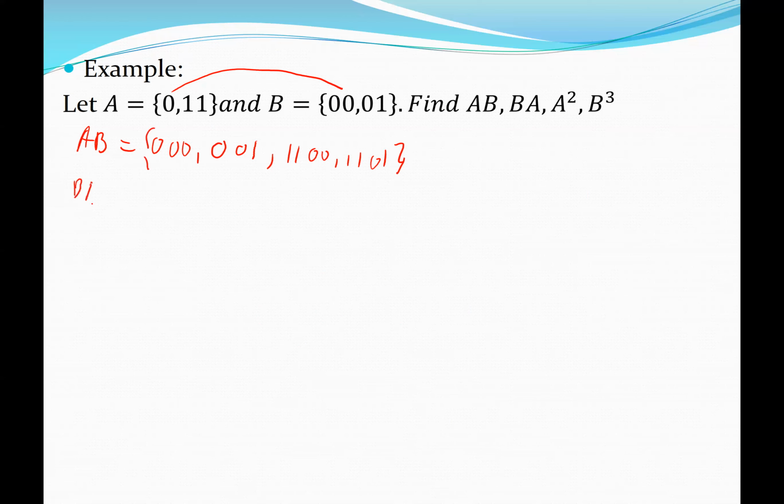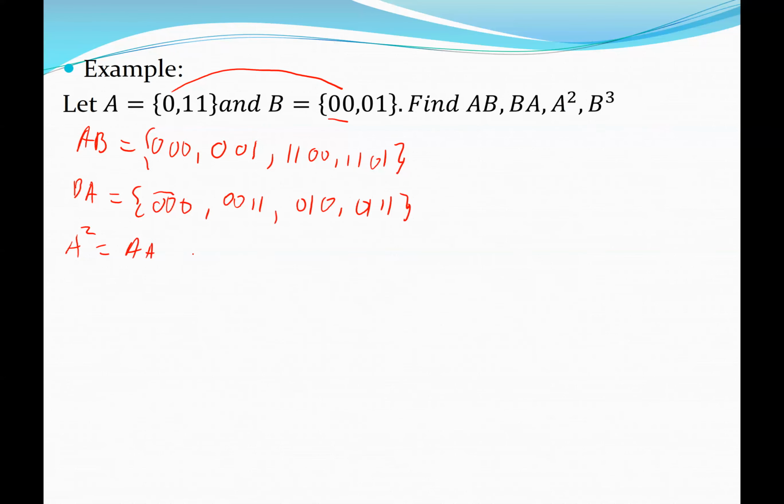Now BA, you start with the B first, so you want to go 0 and then 0, right? B first, and then 0, 0, 1, 1, and then 0, 1, 0, and then 0, 1, 1, 1. That's BA. Now how about A squared? Well, A squared is the same thing as AA.